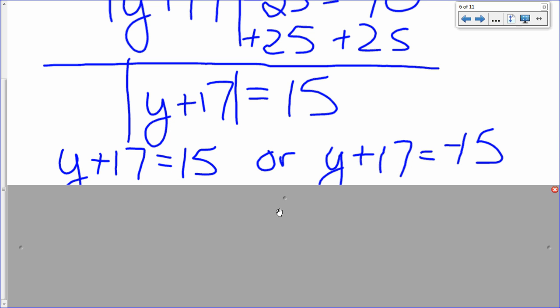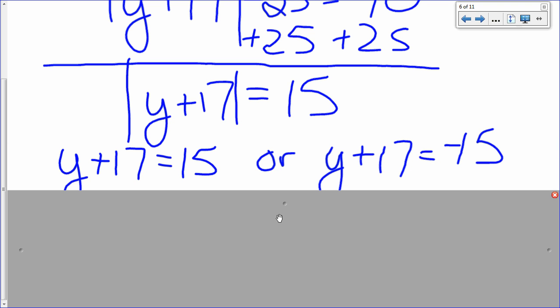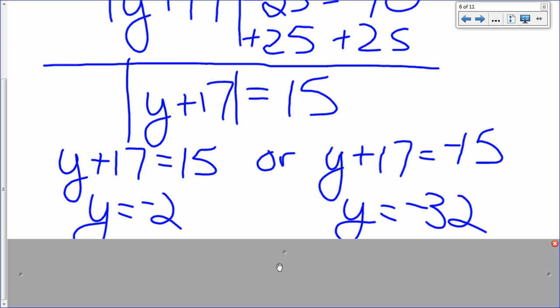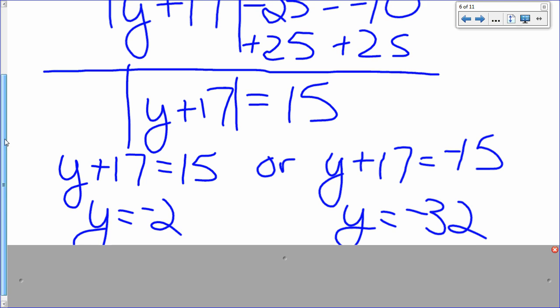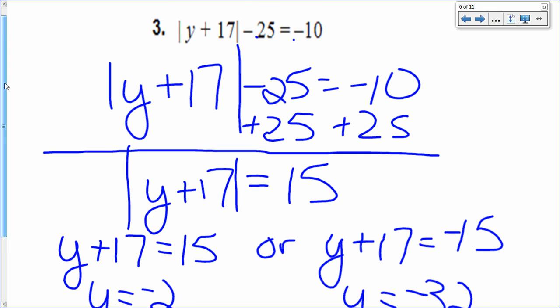We're going to set up two separate equations. y plus 17 is equal to 15, or y plus 17 is equal to negative 15. Subtract 17 from both sides, and our answers become y is equal to negative 2, or y is equal to negative 32. Both these answers, when plugged into the original equation, will make it a true statement.